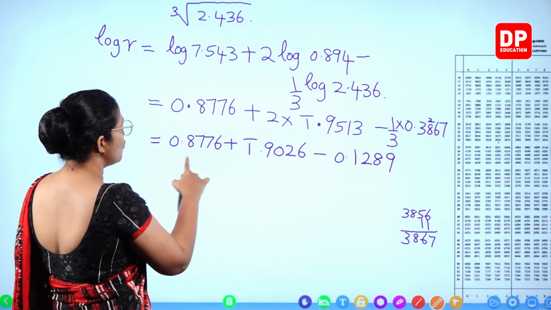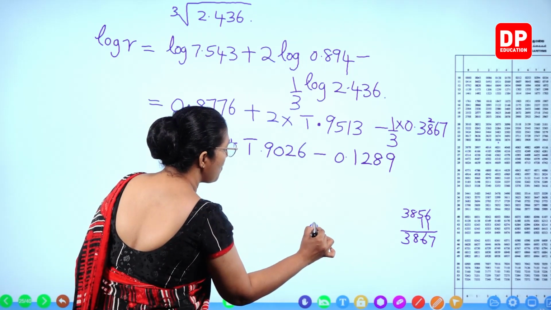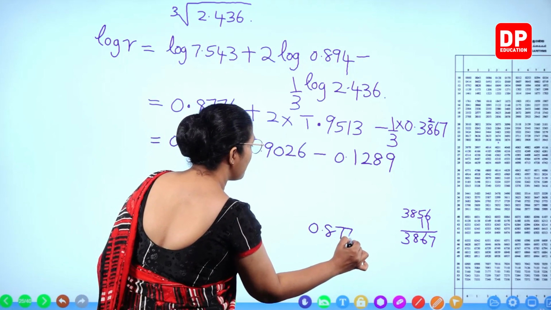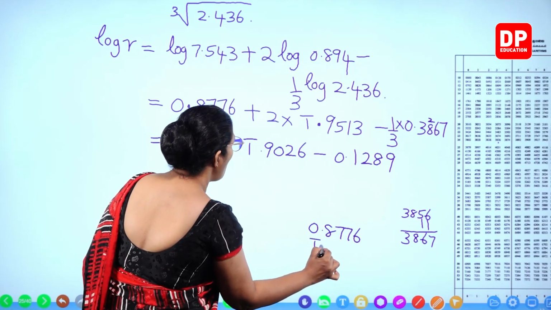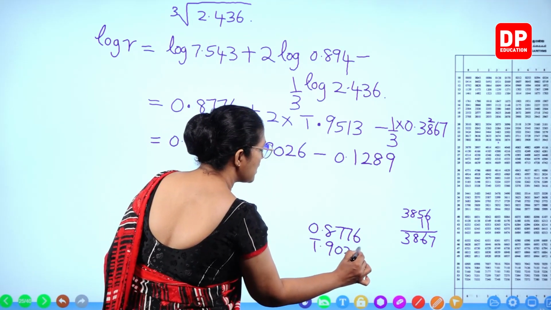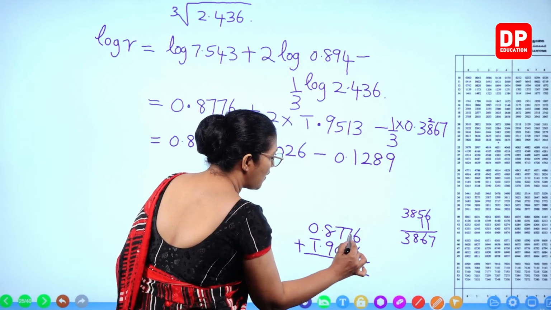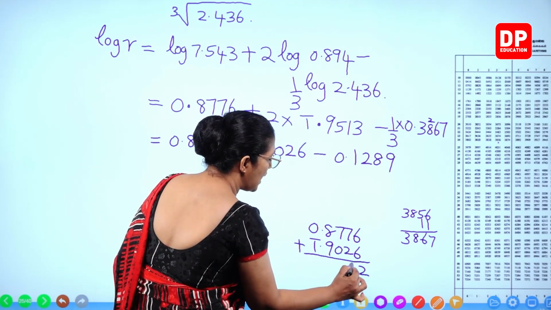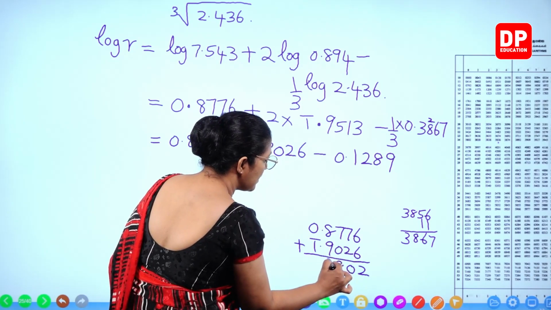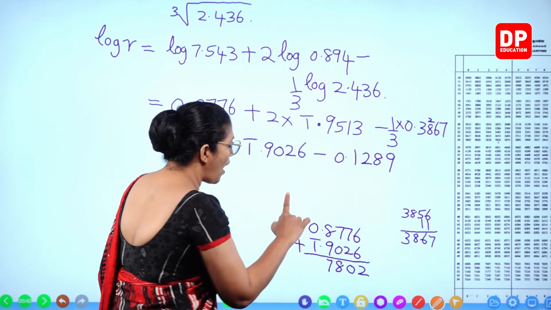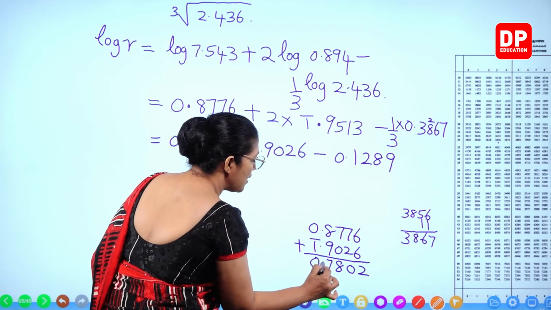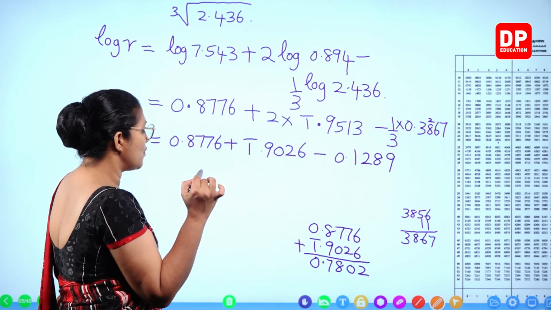Now what we do? We can add these two. 0.8776 and bar 1.9026. We can first add 12, 1 remaining, 8, 2, 10, 8, 17, and 1 and bar 1 get cancelled out and you get 0.7802.